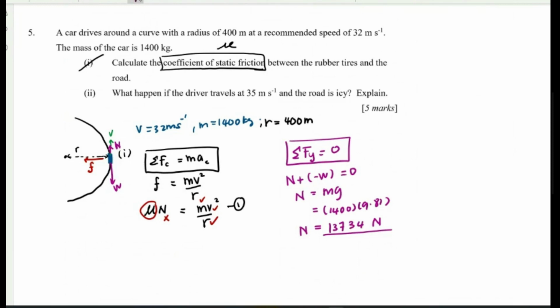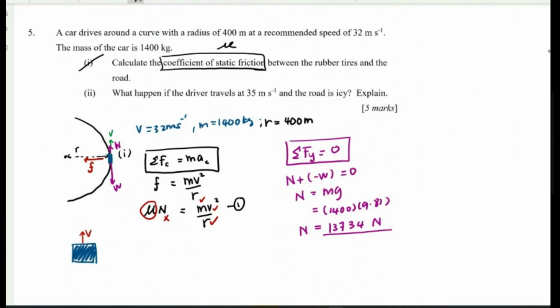Madam nak tanya, kenapa Newton tu ke arah N tu ke arah atas? Dia awak kena tengok pandangan. Dia pandangan 3D dia macam ni. Ini kereta kan? V ke sini. Awak punya normal force tu out of page. Weight awak into the page.